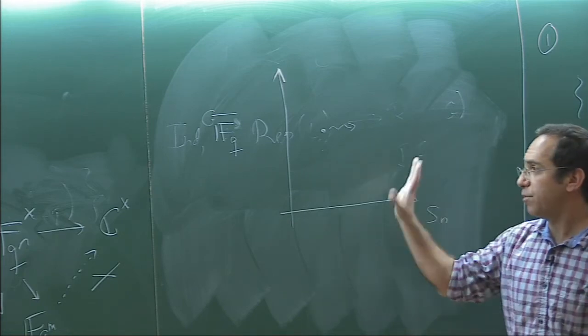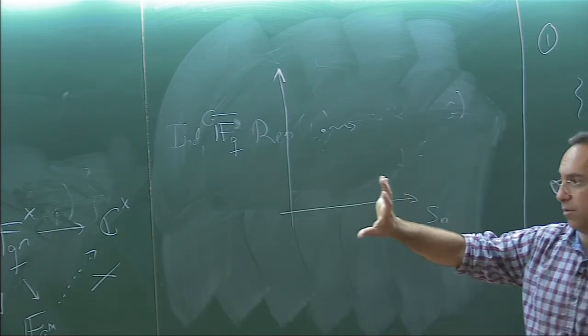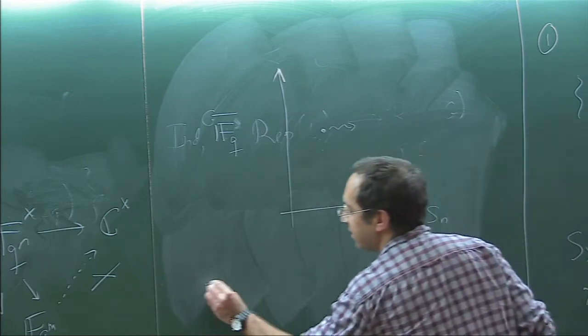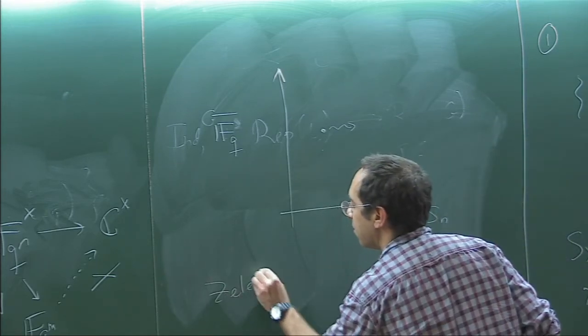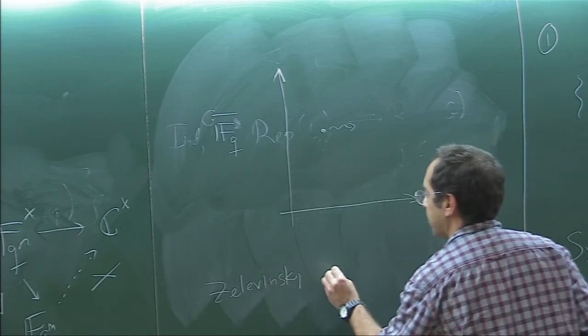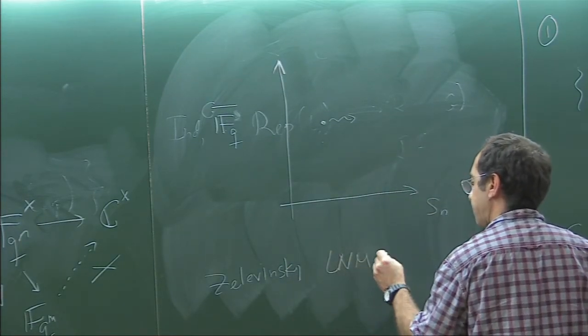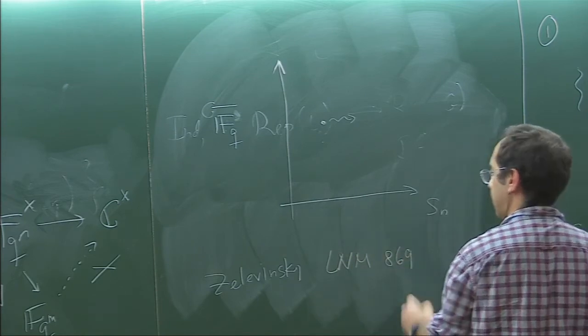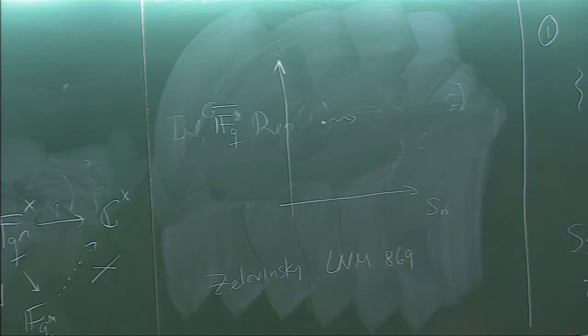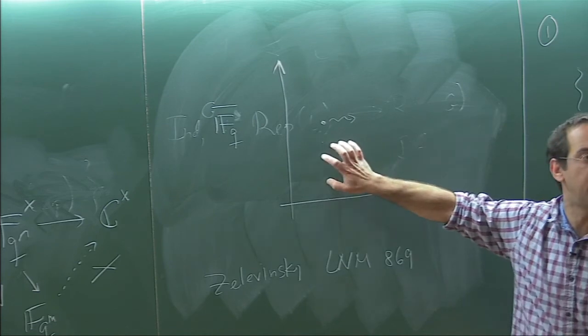And there's a beautiful exposition of this theory by Zelevinsky. This is Lecture Notes in Mathematics 869, where he collects everything I said now into a giant Hopf algebra and really shows that this is exactly what happens.